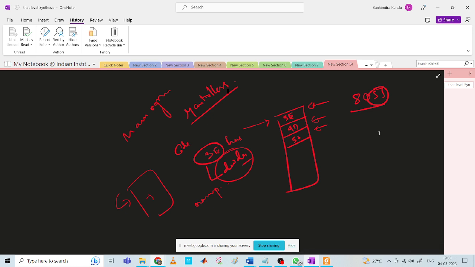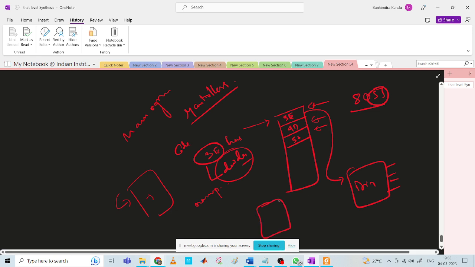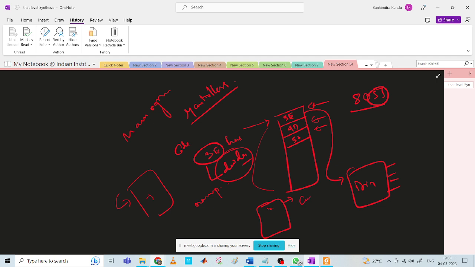Either you can take this data, put it in some digital logic and generate a control signal. Another way is you nano program this data in a small control memory, and based on this, you compare it with the available instructions here and you generate the control signals.